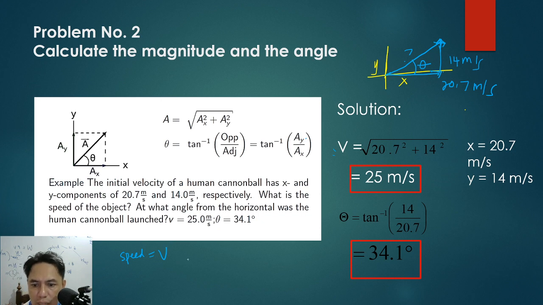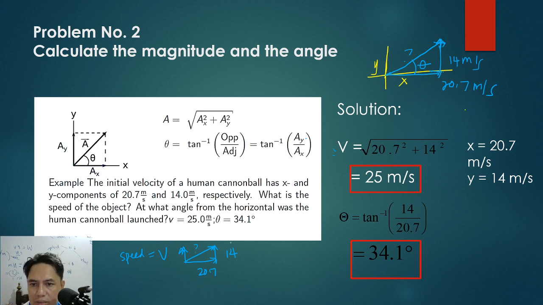We are given the x and the y component: the 20.7 in the x, and somewhere here is the 14. So that is what we are going to find.